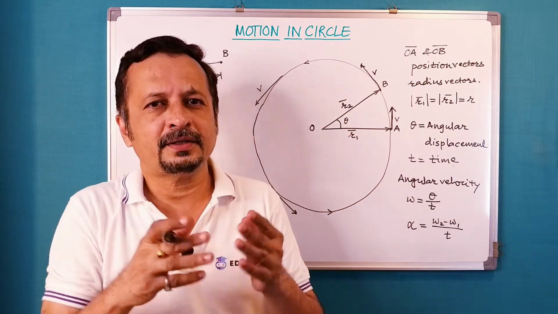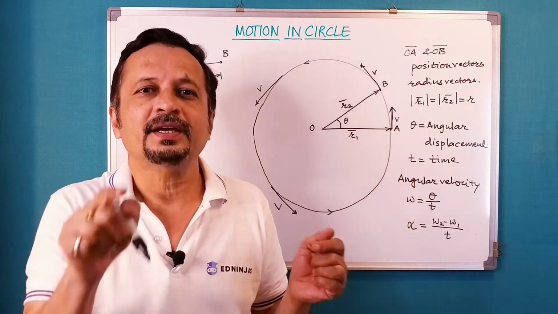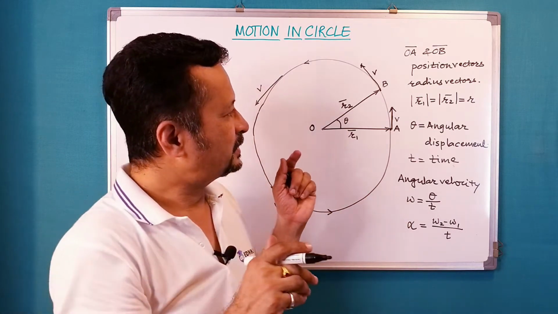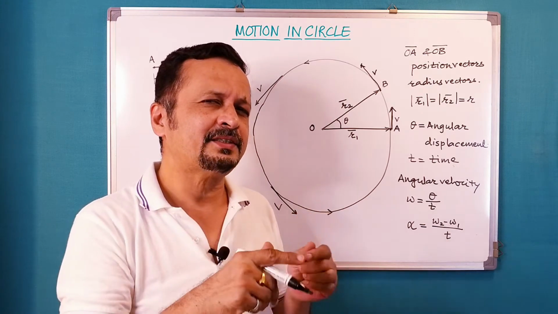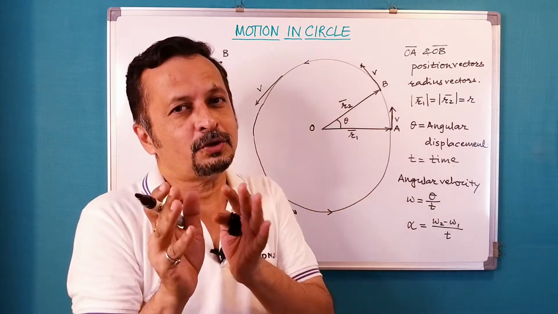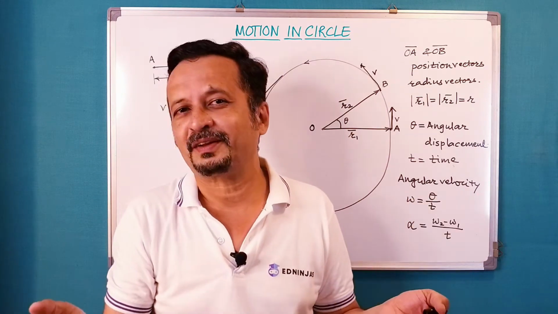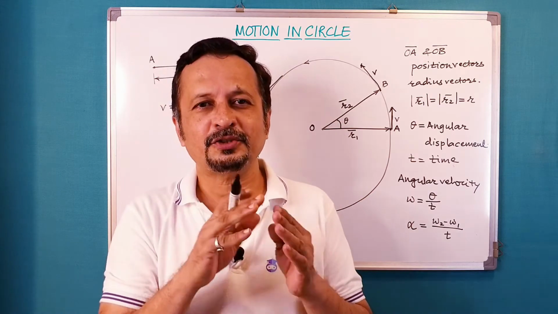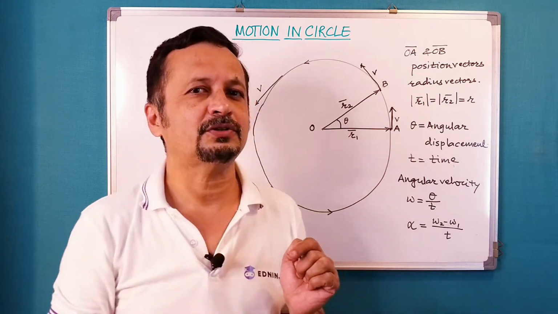So when either magnitude changes or direction changes or both change, we would say that a vector is changing, isn't it? So my velocity vector is changing at every point of time, and does it not mean that there has to be some acceleration? Yes, because even though the magnitude of velocity remains the same, my direction is changing, so my velocity vector is changing. So there has to be some acceleration, but this acceleration is not changing the magnitude of velocity, it is changing the direction of velocity.